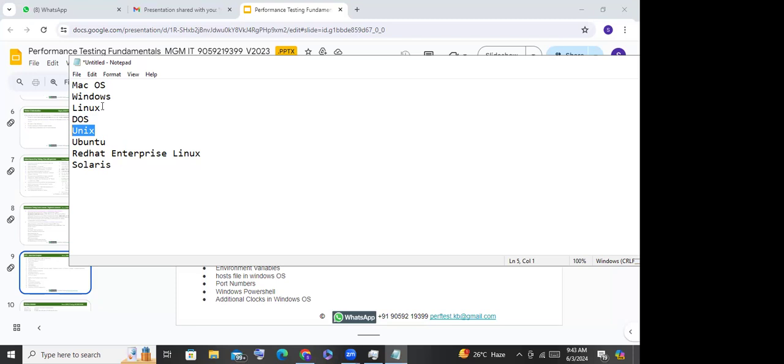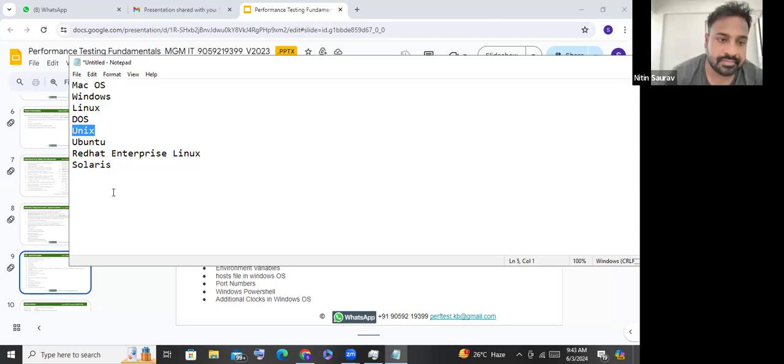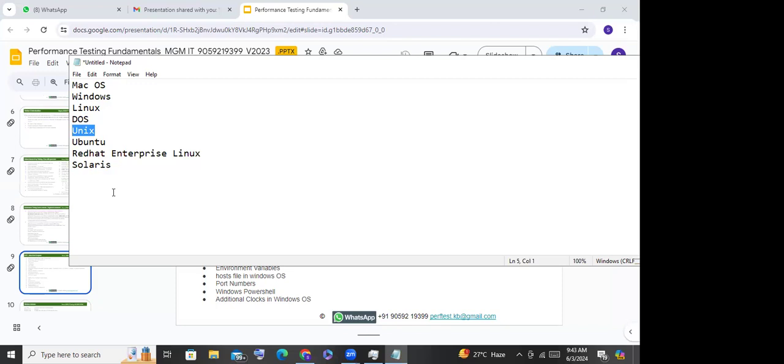Your Linux, your Mac OS, your Solaris, your Ubuntu, and Red Hat Enterprise Linux are all flavors of the Unix operating system. Is that clear, guys?